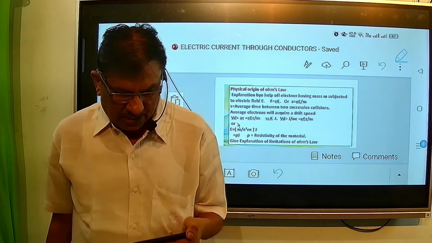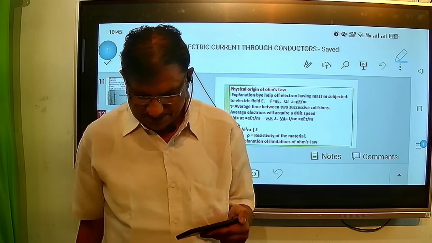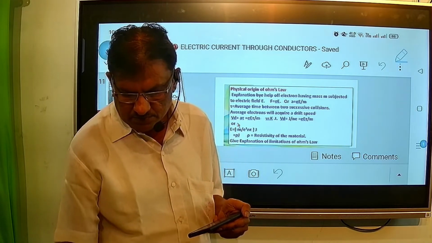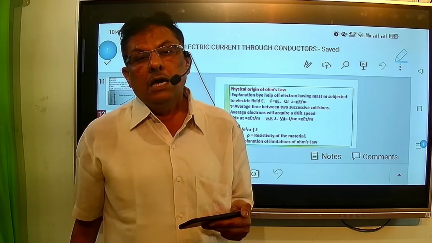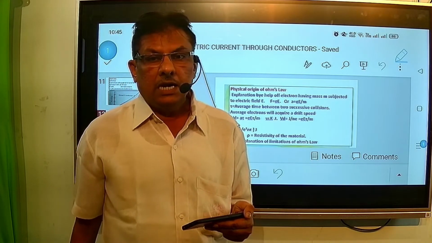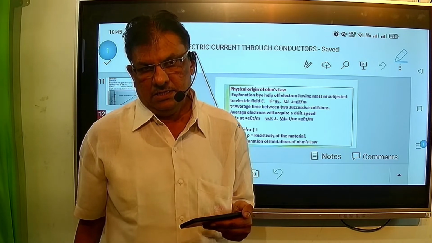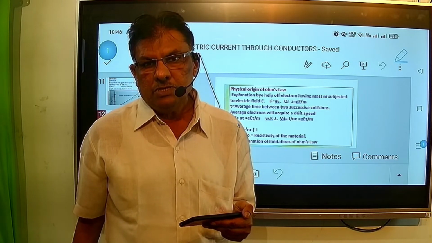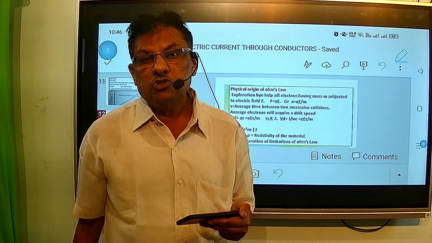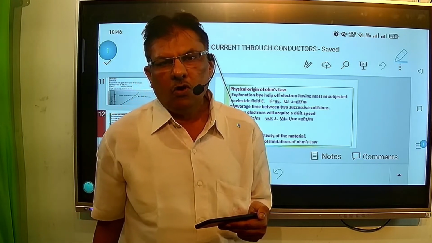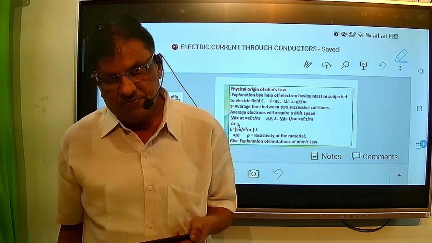We have earlier stated that the net current due to the electrons is zero when there is no application of an external electric field.